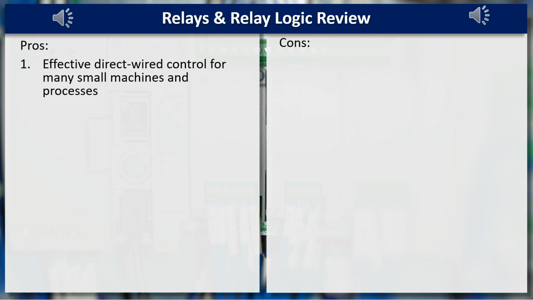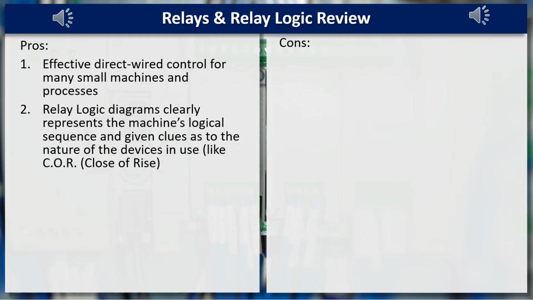Let's take a moment and review what this series has been all about by going over some of the pros and cons of relays and relay logic, starting with some of the reasons they are still in use. One, they provide effective direct wired control for many small machines and processes. Two, relay logic diagrams clearly represent the machine's logical sequence and provide guidance as to the nature of the devices in use.